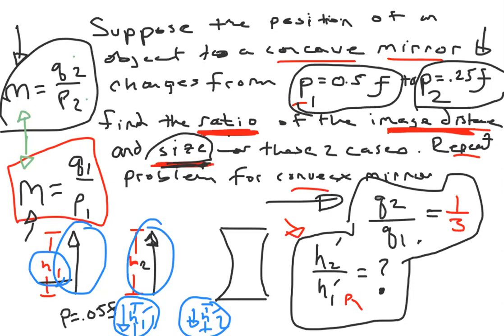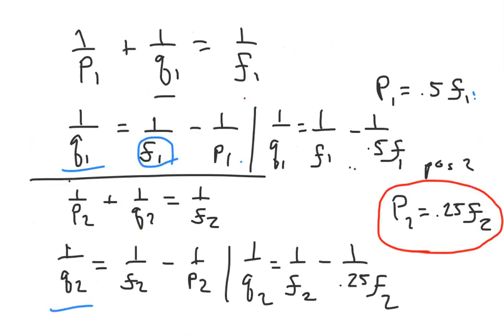Otherwise, when I do the mathematics, it's not going to be correct. And once you're trying to make the sign changes to this equation right here, if you're solving these equations for Q, then that means you don't want to give Q any sign at all, but P and F need to have signs before you do the mathematics in this equation or for this question, or any question using this equation. Does that make sense what I'm saying?